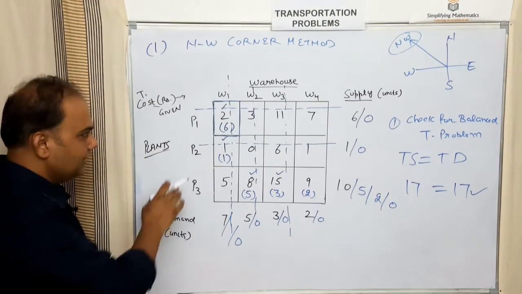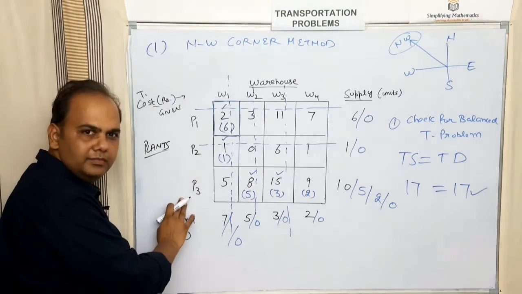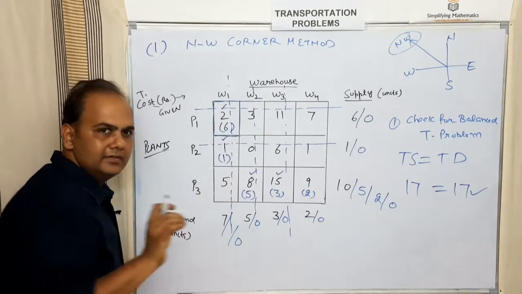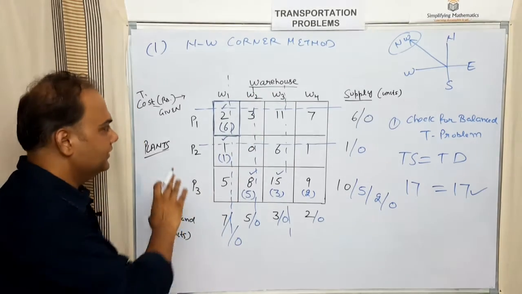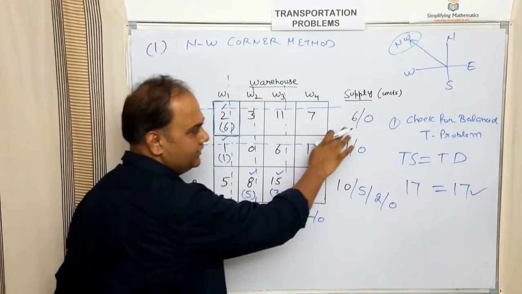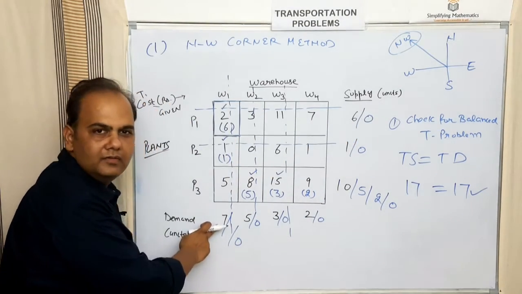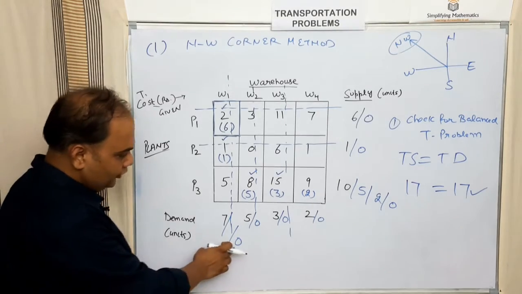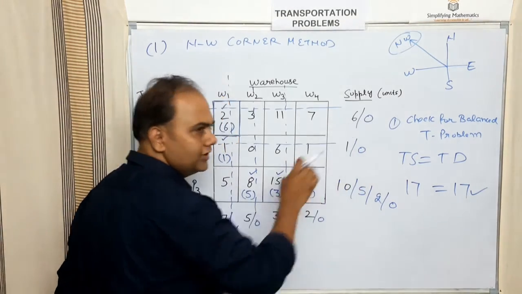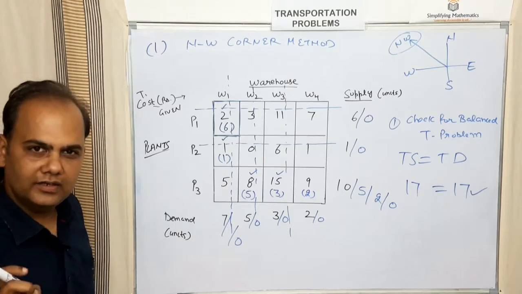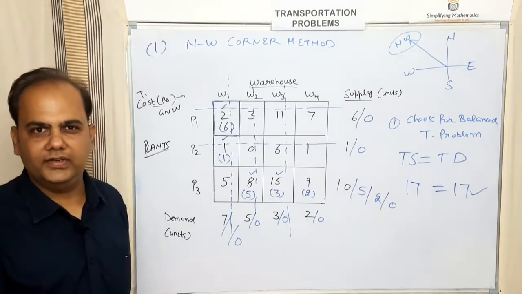So this means what? The constraints of these plants and these warehouses are satisfied. Means that this plant can supply a maximum of 6 units, and this W1 needs a minimum of 7 units. So 0 means what? That all the capacities of these plants and warehouses are being satisfied.